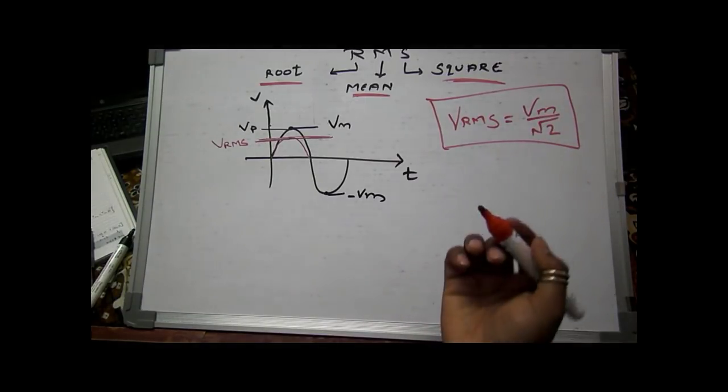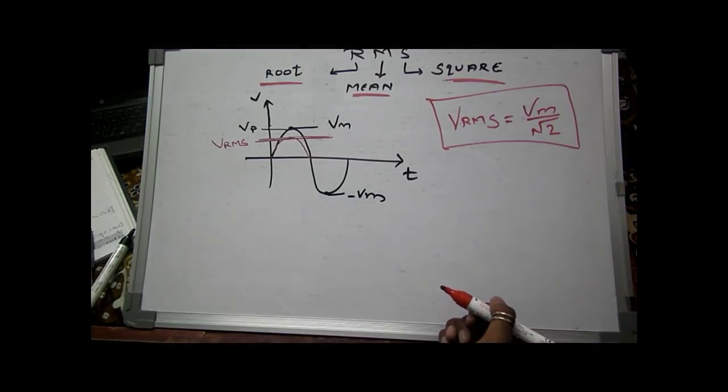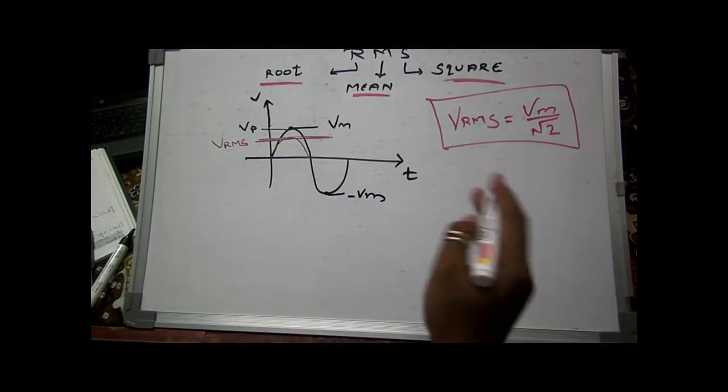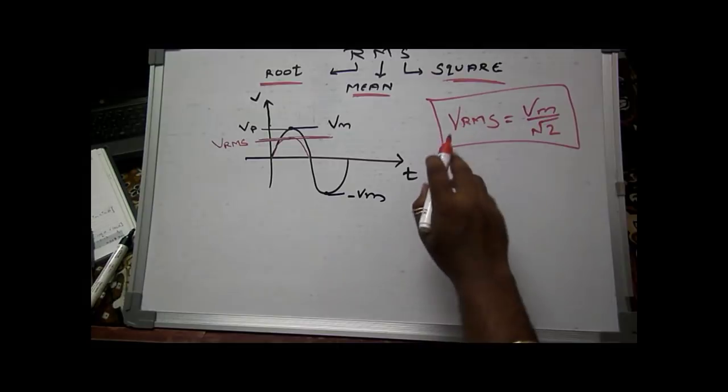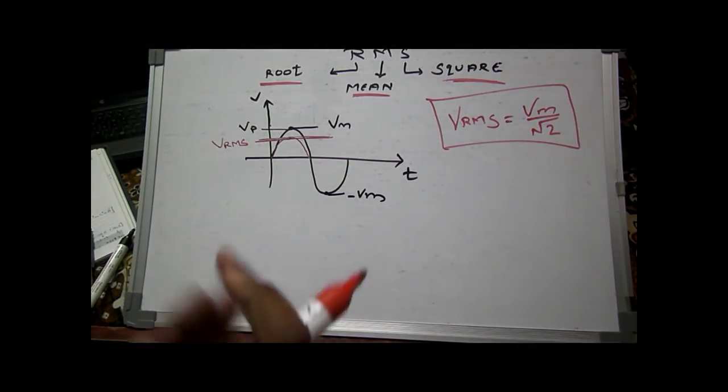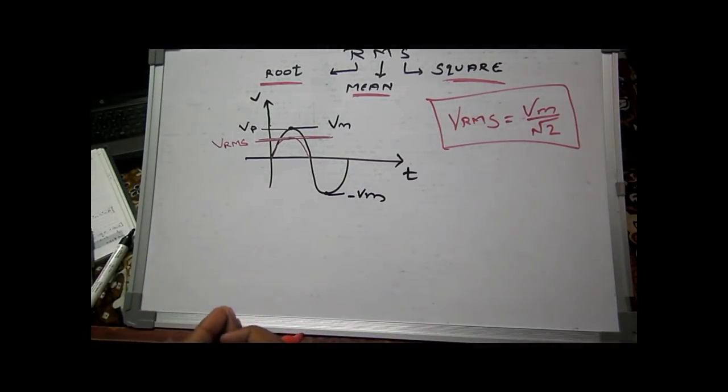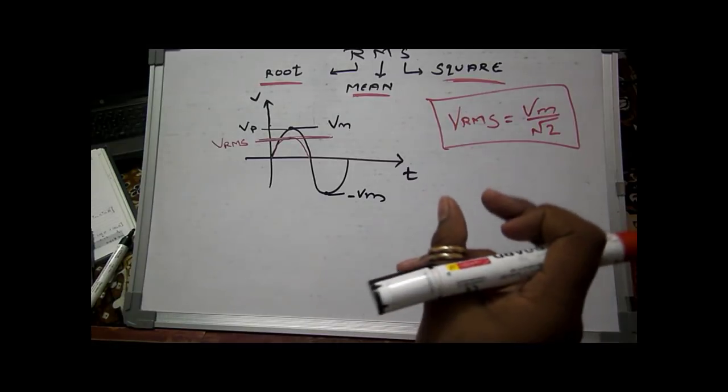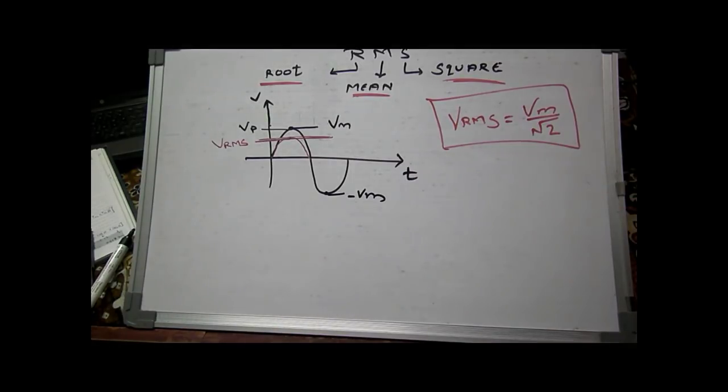The way in which we derived the formula for average voltage, in the same way we can also find this formula for Vrms. Then the question arises: what is the voltage that is coming inside our home? In our AC outlets at home, what is the voltage? Actually that voltage is the RMS voltage, not the peak voltage.